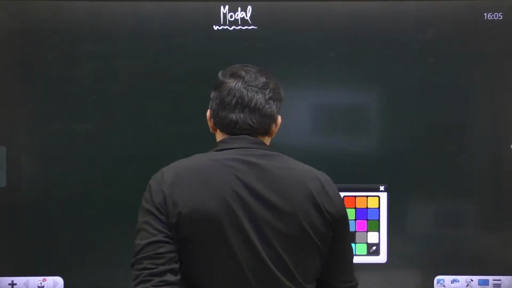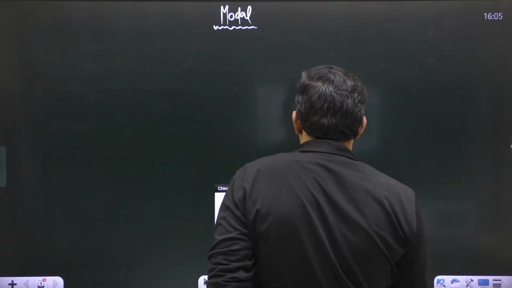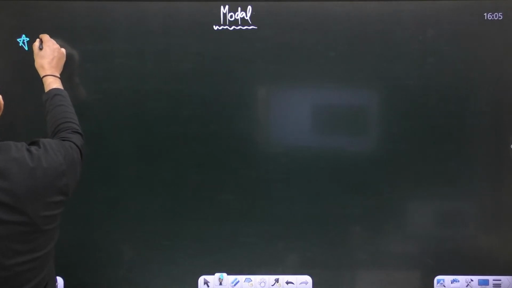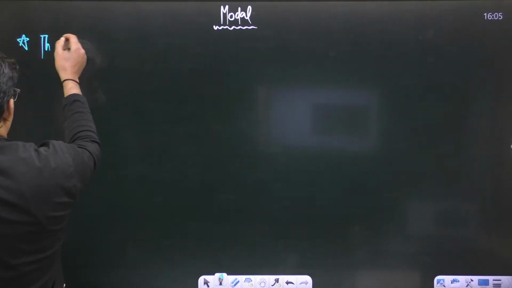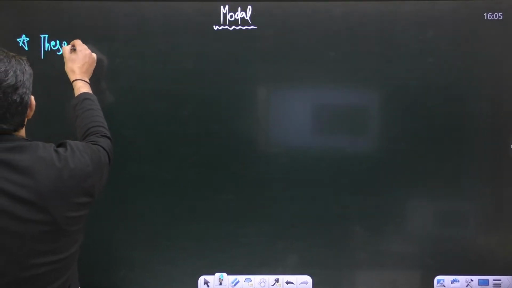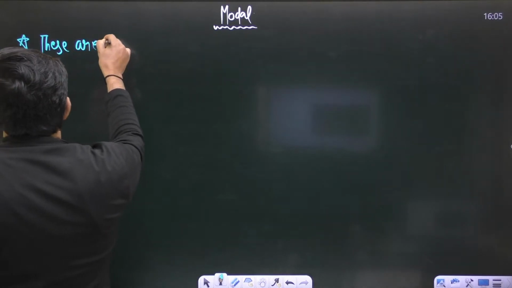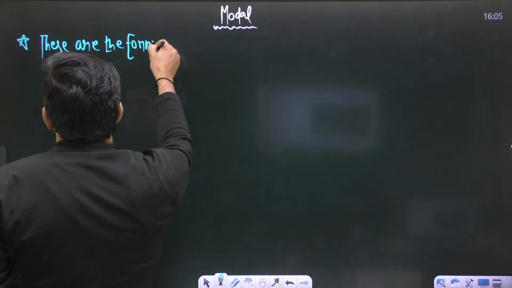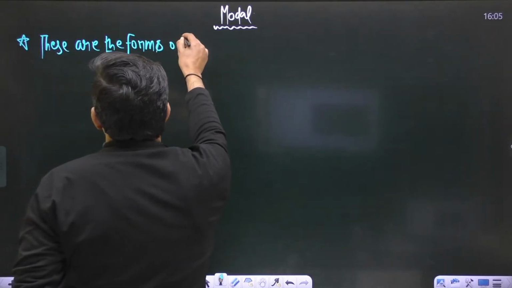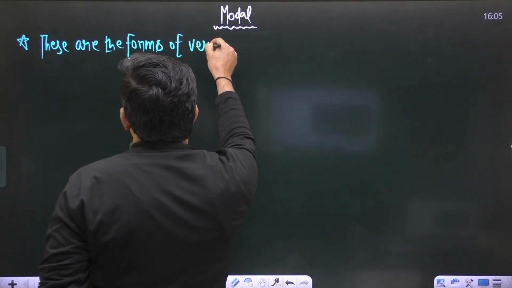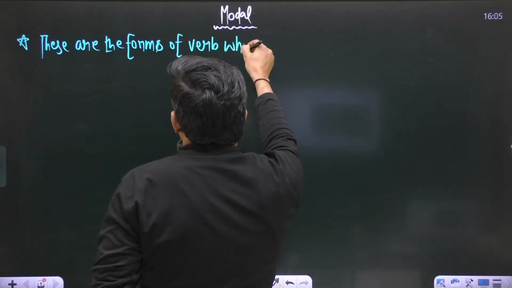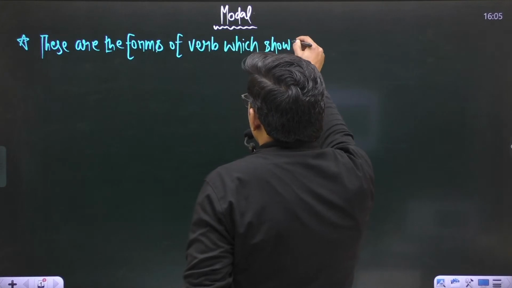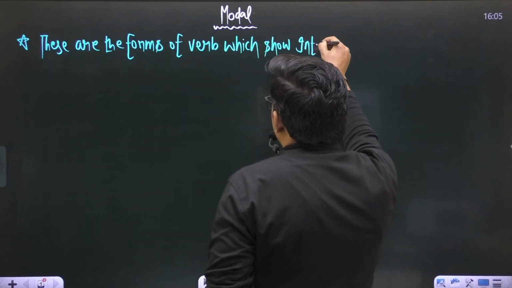So modal, if you talk about the definition of a modal auxiliary verb, then modals are the forms of verb which show the intention of the speaker.